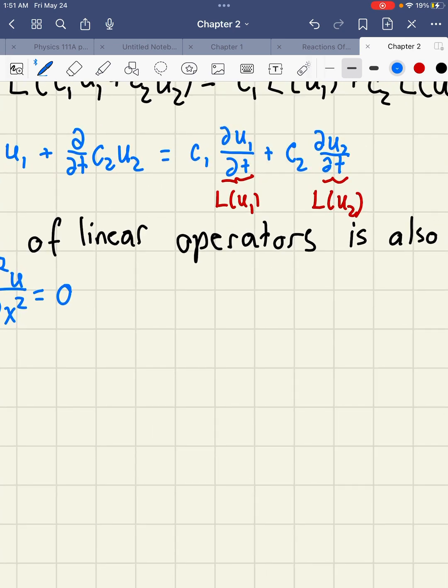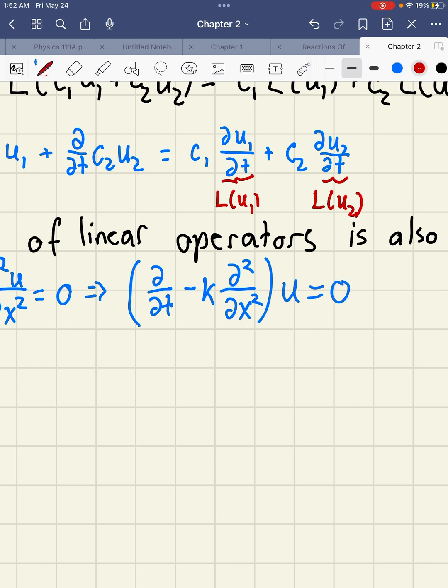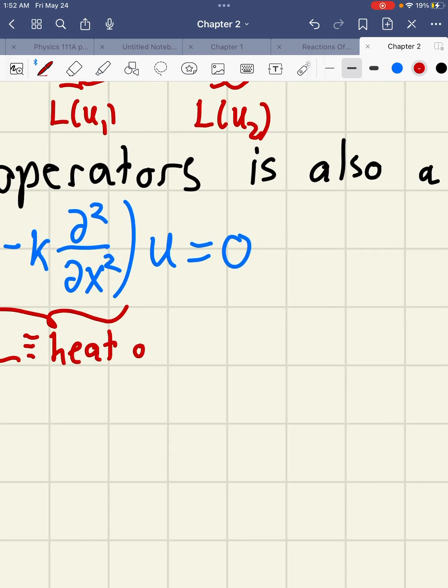I can also rewrite this as the operator partial t minus k partial xx applied to u is equal to 0. As you can see, this is my linear operator L applied to u. In this case, this operator is known as the heat operator.